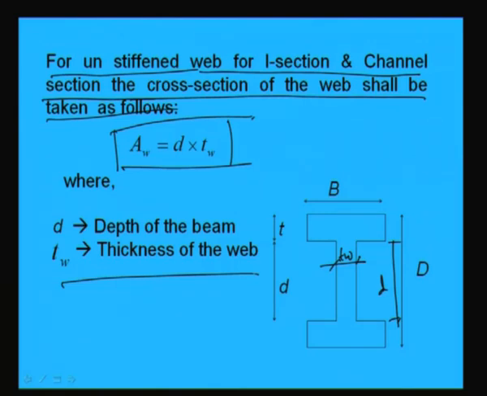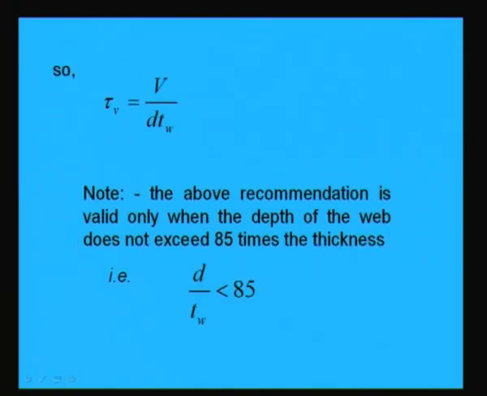So, in this way we can find out the area of the web which will be required. Now, the shear stress developed can be found out: tau V is equal to V by D into Tw.